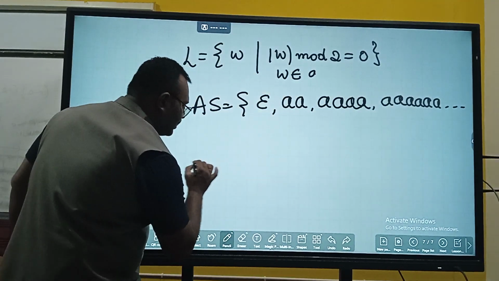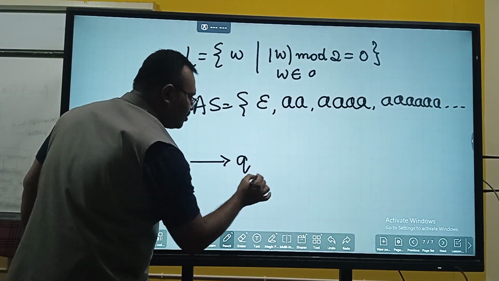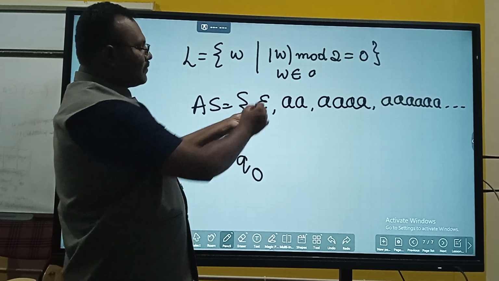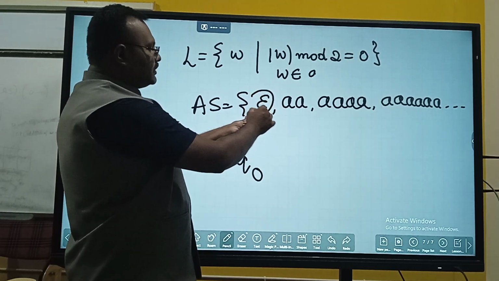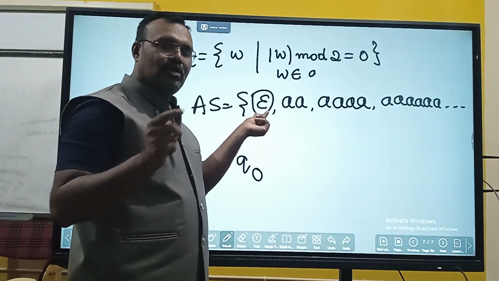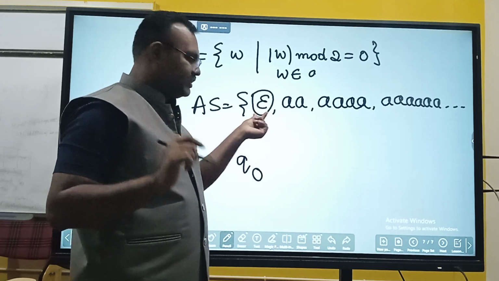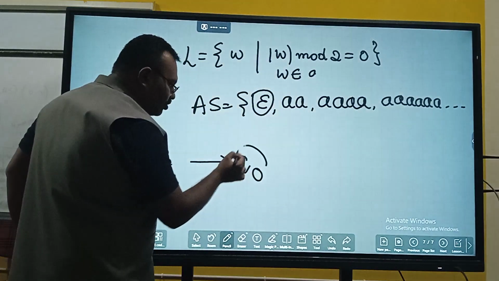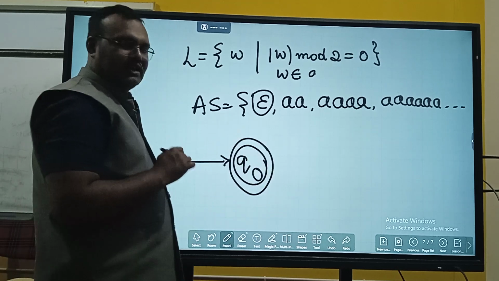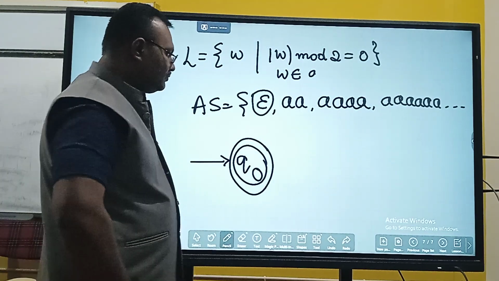Now, I'll take a start state Q naught. Look at this. Epsilon is an example of a string whose length itself is 0. That is, the number of A's in it is 0. So for that, for the initial state itself, I will make it a final state, Q naught.